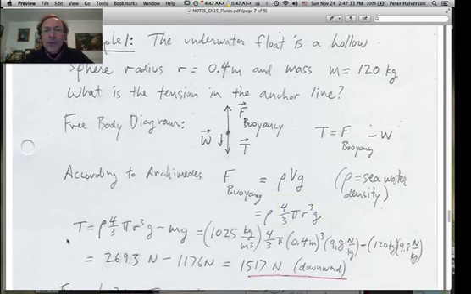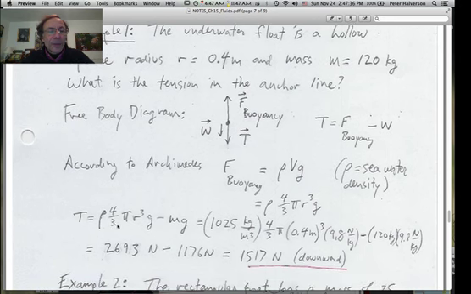So now that we've got the different pieces, we put it together. So here is the tension, which is going to be equal to the buoyancy minus the weight. I'm plugging in the numbers here. This is for the buoyancy, and now the numbers for the weight.